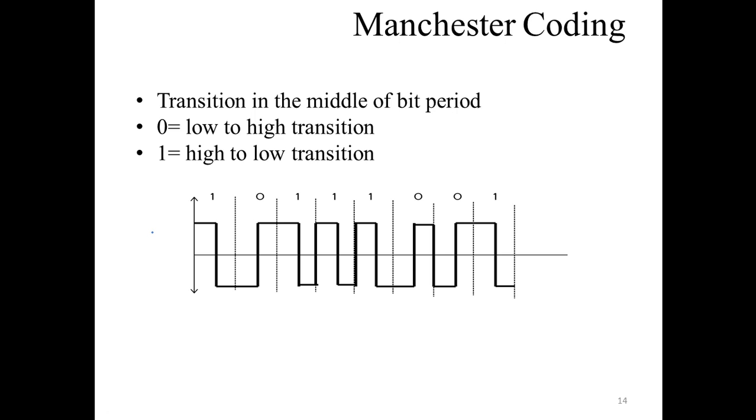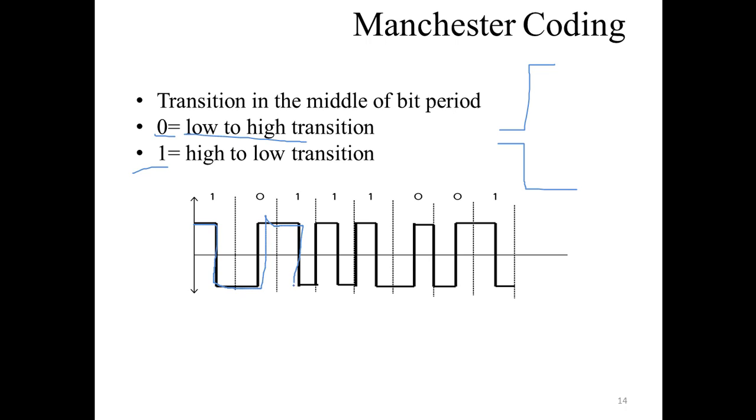The last and important technique used in line coding is the Manchester coding technique. To remember it easily, you just have to memorize the patterns. For 0 it means a low to high transition, like this. And for 1, a high to low transition. So this is 0 and this is 1. Whenever 1 comes, you go from high level to low level, and whenever 0 comes, you go from low level to high level.